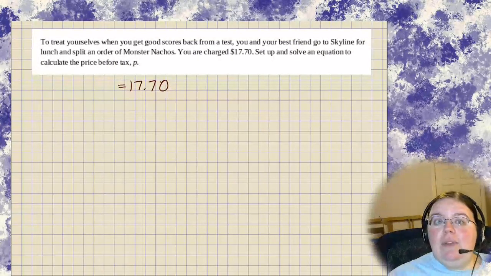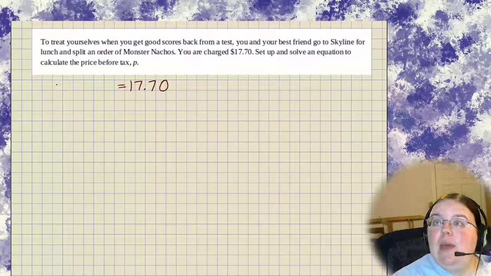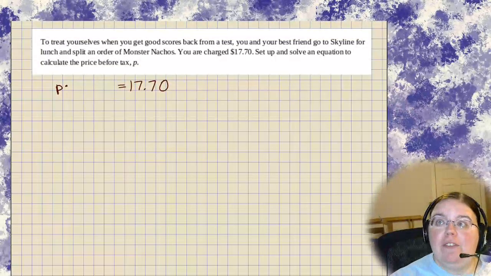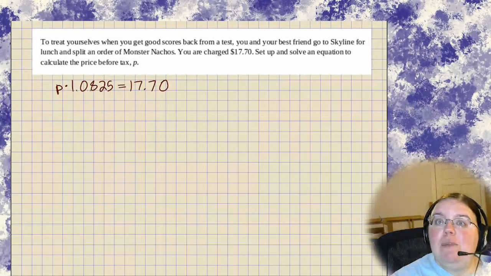Now, in this county, the tax rate is 8.25%. So here's what I know. That price times a growth factor that goes with that tax rate, 1.0825, and that's 100% of the original price plus another 8.25%.